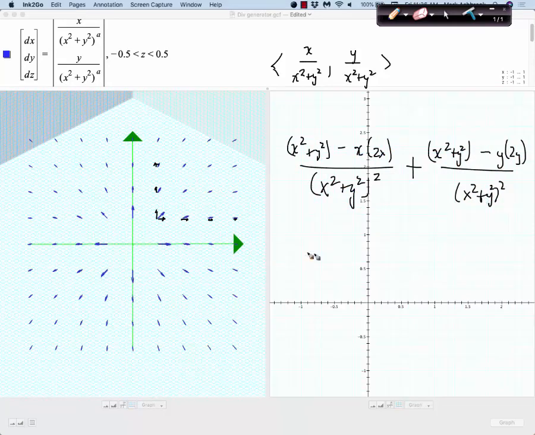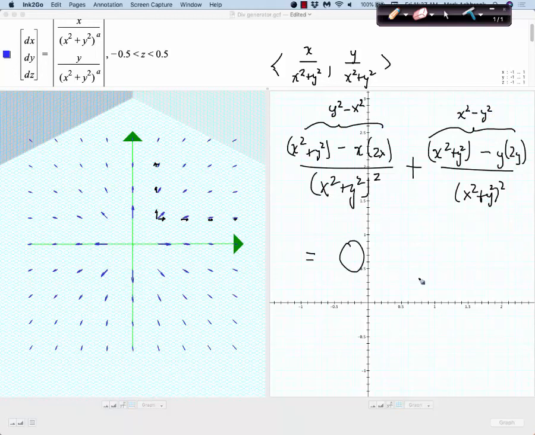Do the math. Well, I got x squared plus y squared minus 2x squared. Is that y squared minus x squared? And x squared plus y squared minus 2y squared. Is that x squared minus y squared? Common denominator, add the numerators: 0.